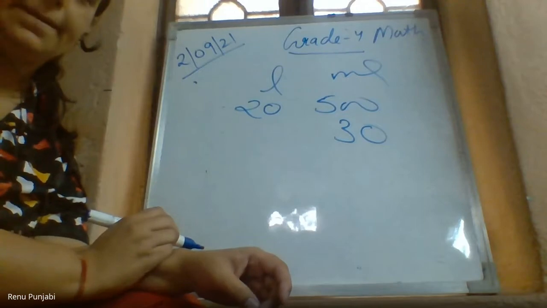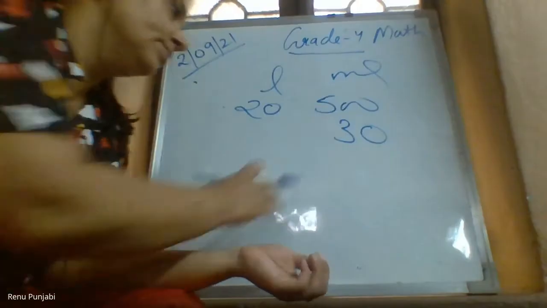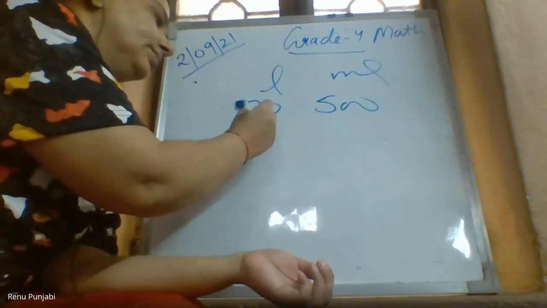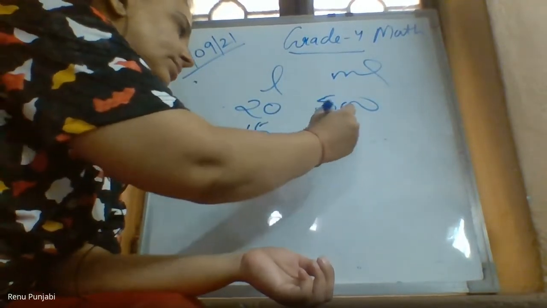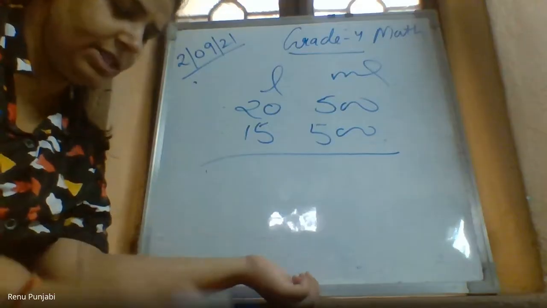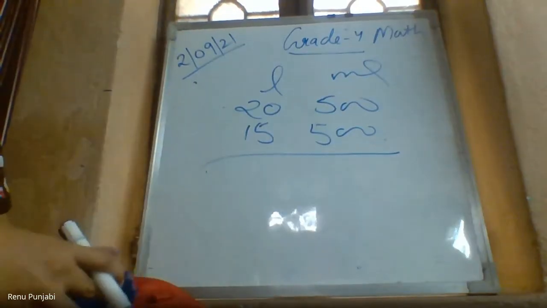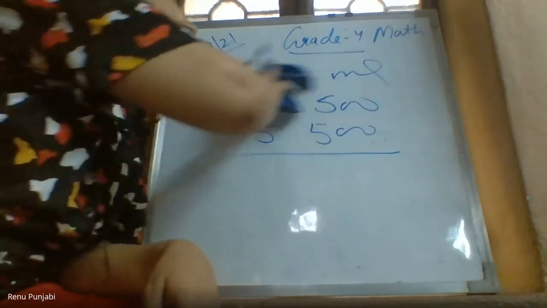Then I drank some, 15 liters 500 milliliters. So, how many liters and milliliters are left in the bottle? Can you give me the answer? Yes, ma'am, the answer is 5 liters. Okay. Next child. Who's ready?